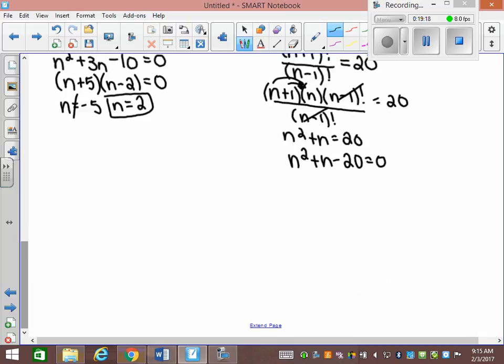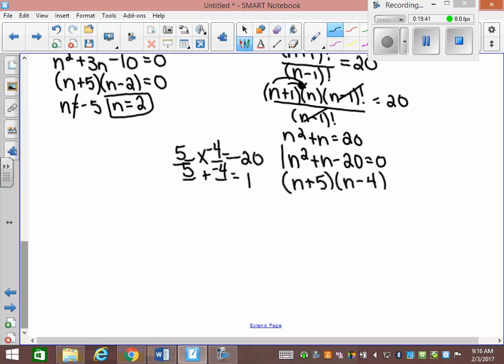And then when you factor that, you say what times what gets me negative 20, what plus what equals 1. And so it's going to be positive 5 and negative 4 would work for both. And because there's a 1 in front, you don't have to do decomp. So n plus 5, n minus 4 equals 0. Solve it out. This will be n equals negative 5, which can't. And this will be n equals 4.